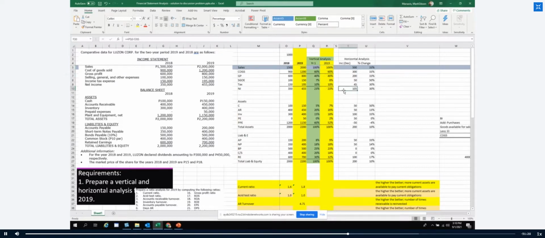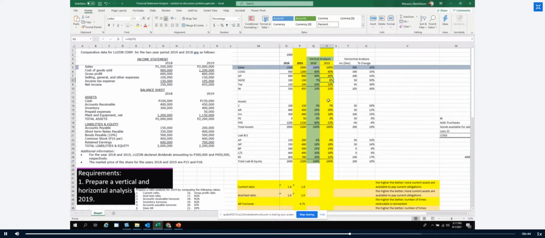Now, imagine class, what could be the use of this? Imagine we're analyzing 2018 and 2019. In this case, total cost of goods sold and your gross profit remain the same in terms of percentage. And yet, the selling and general administrative expenses went up by 1% in 2019.